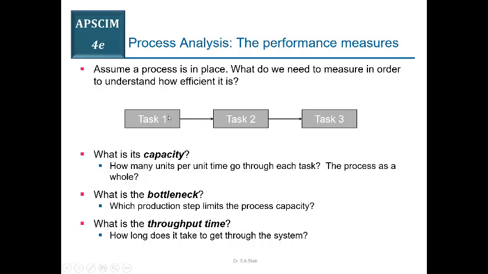For example, अगर let us say task 1, task 2, task 3 सबका time जो है वो 10 minutes है. So in total the workpiece will spend 30 minutes within this system. But that 30-minute time is the throughput time, and the cycle time will be the performance measure, not the throughput time.